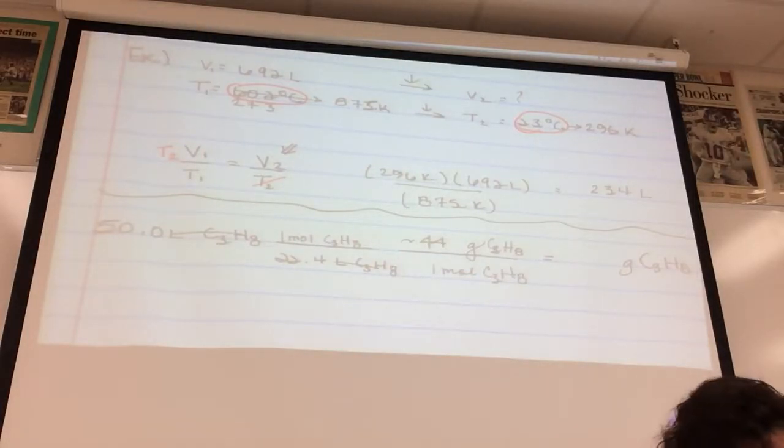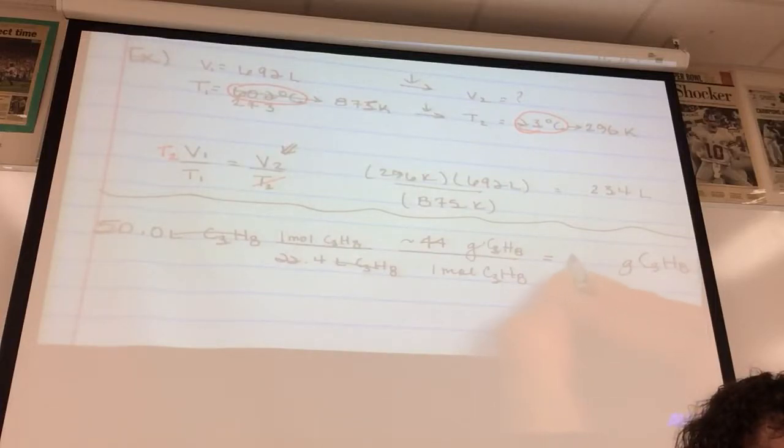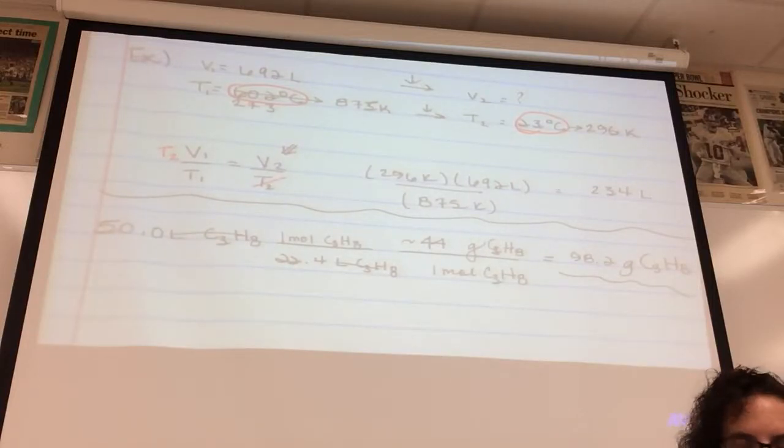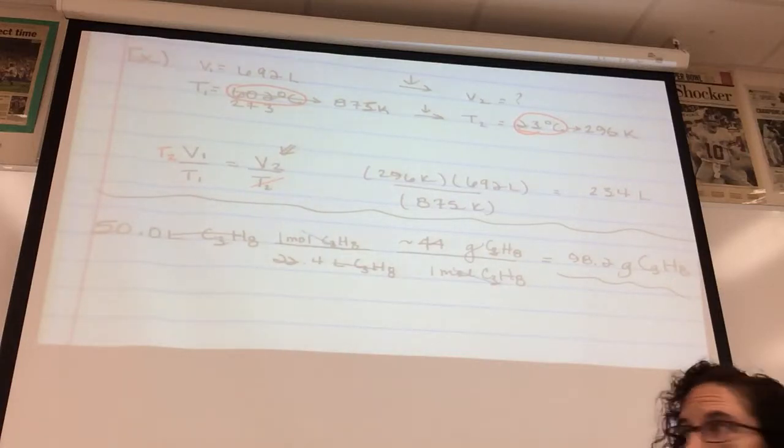Now this, without a calculator, you could get a ballpark, but it wouldn't be an ideal problem. The next one will be ideal, because it'll really simplify easily. And you get 98.2 grams. Easy, easy.